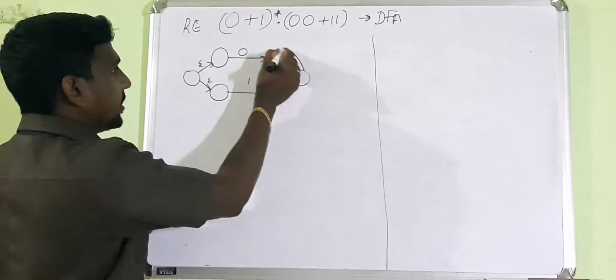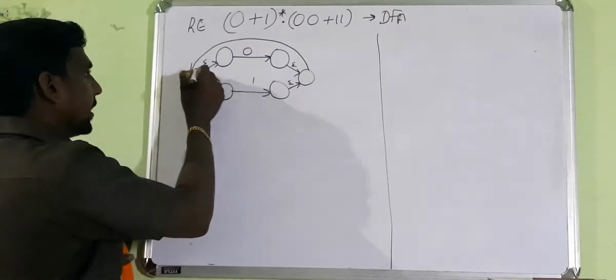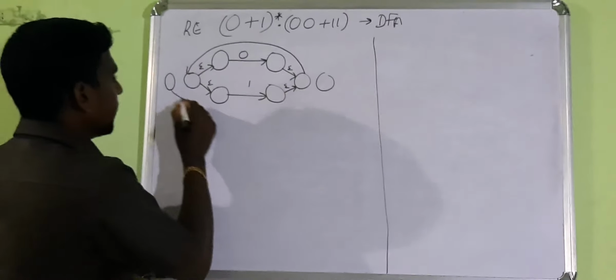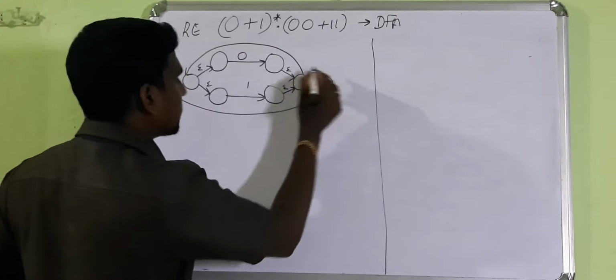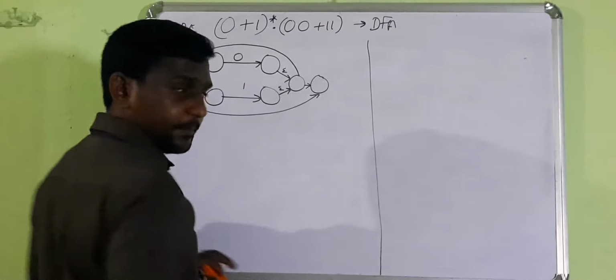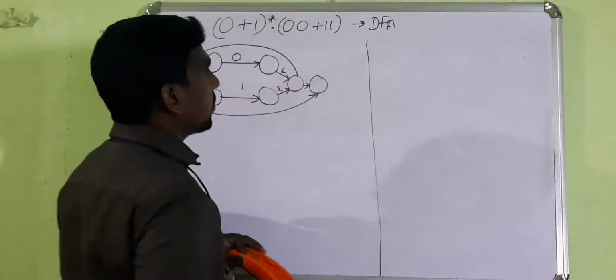For the whole star, from here to here you have to connect, and you add one state and another state. Clear? Then the concatenation with 0 0 plus 1 1.